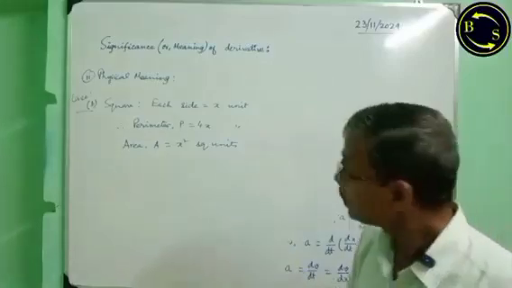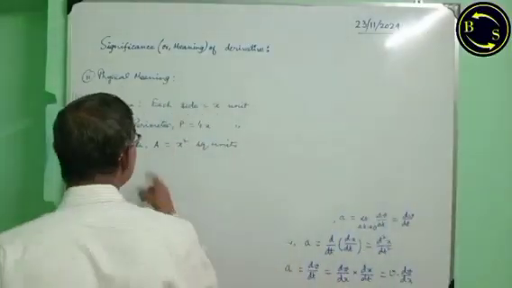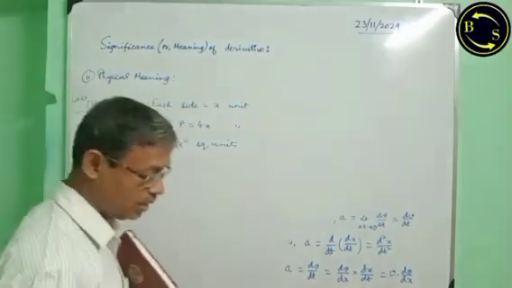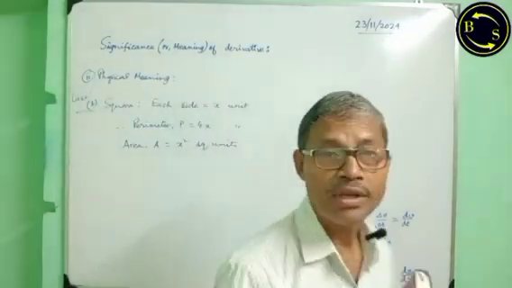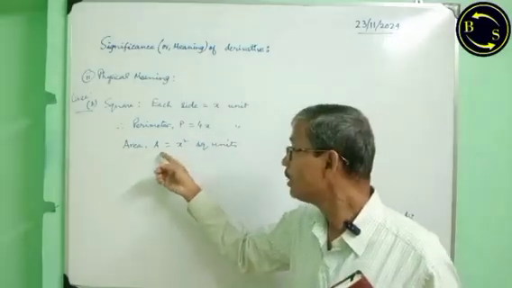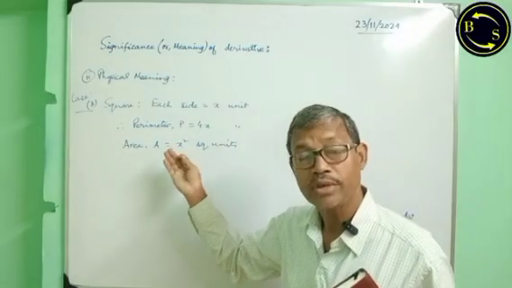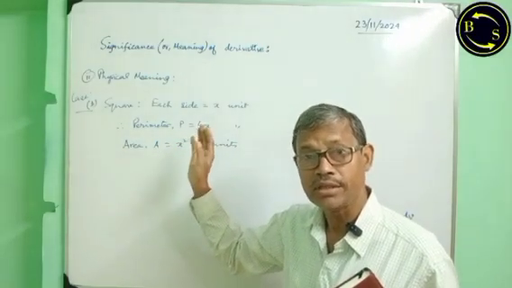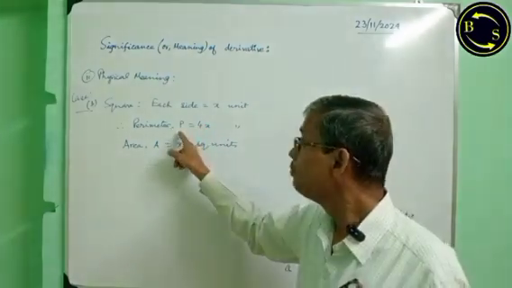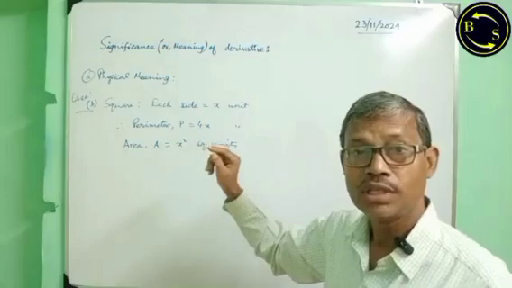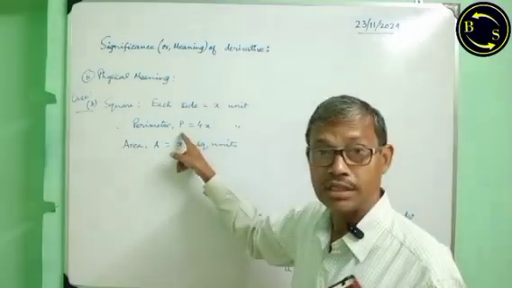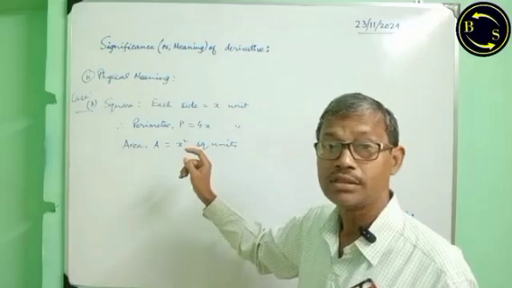Then we can consider, in case of perimeter, dP/dx, that is the rate of change of perimeter, also dA/dx, the rate of change of area with respect to x, that means with respect to its side. Also this may be dependent on time. In those cases we consider dP/dt, dA/dt.